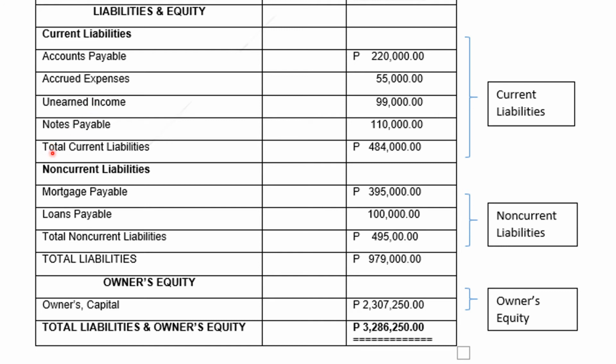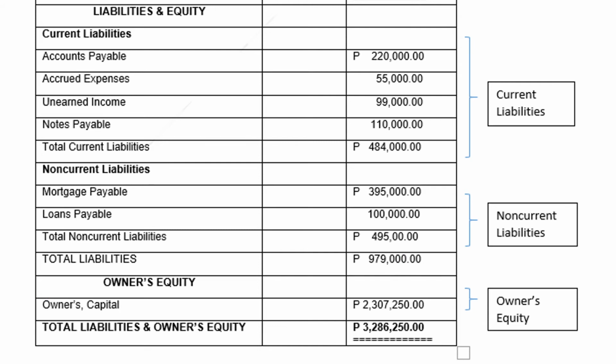Here, as we can see, total current liabilities plus total non-current liabilities is equal to total liabilities. Here, the total liabilities is 979,000.